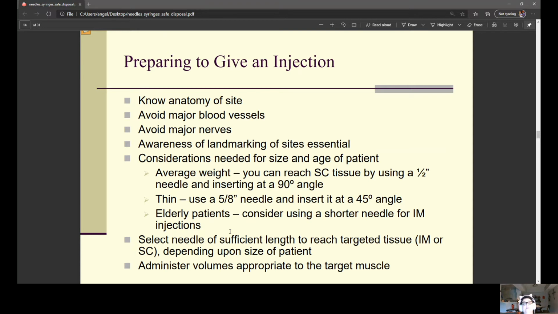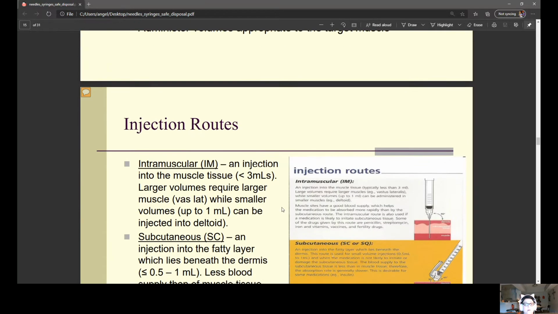Some injections have to be broken up and given in 2 separate areas, because placing the entire dose is too much for that area. It's most likely going to be painful. It's going to be harder for the tissue to absorb and so forth. So, I'll give you the details with that paper.